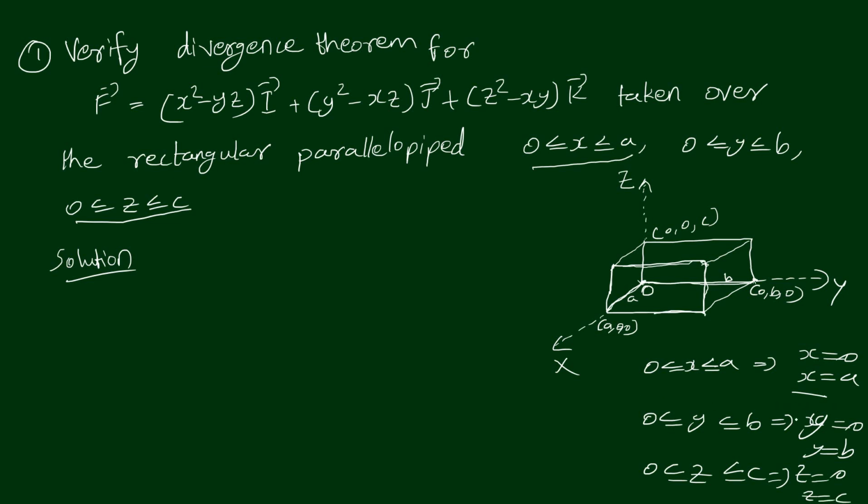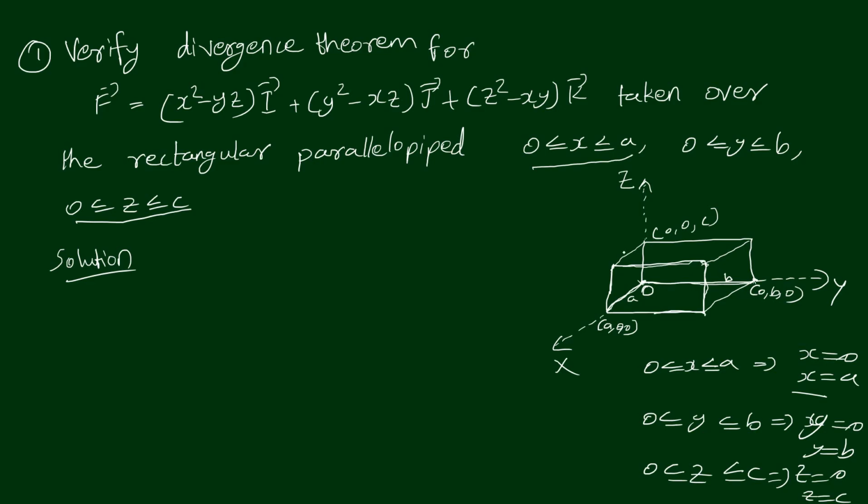But here we don't want these things, so we can directly go to the problems. The correct method is this one. First you need to identify the given planes and draw them. Then you will get a closed surface and a bounded region.